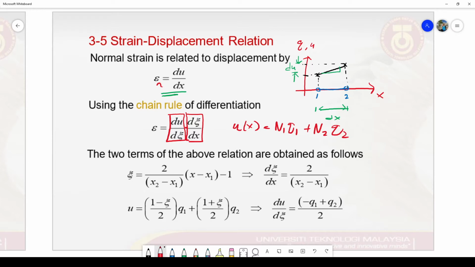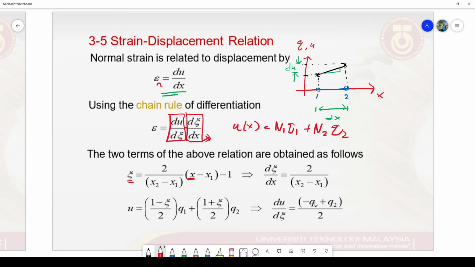So for the term dz over dx, we differentiate the natural coordinate system z by x. In order to solve this, I recommend you expand this equation first, then differentiate it part by part.